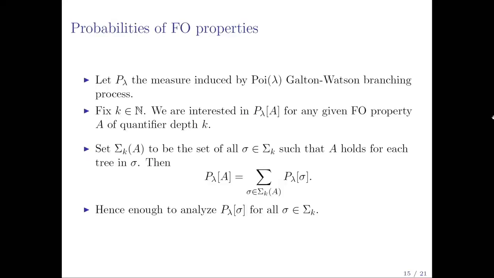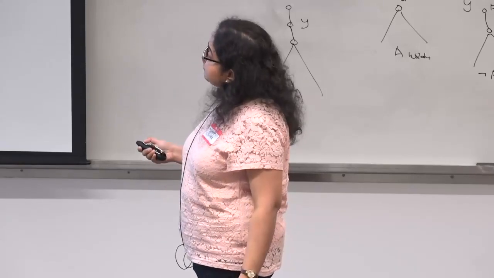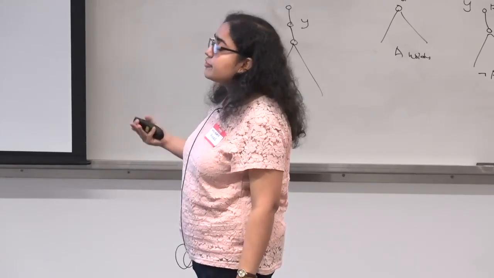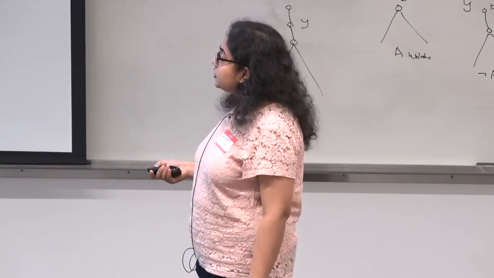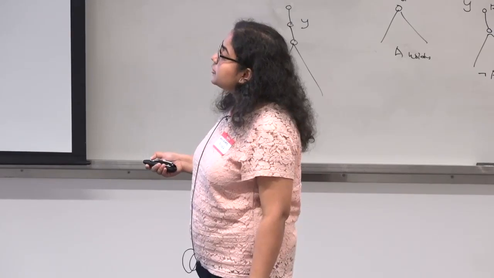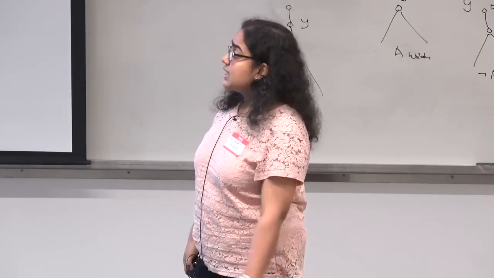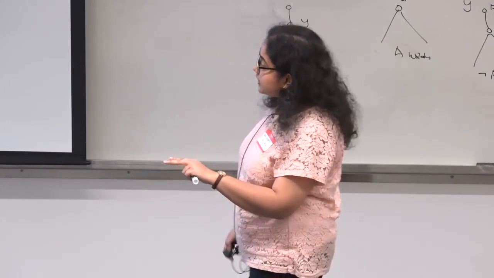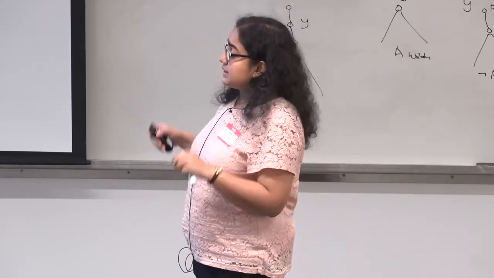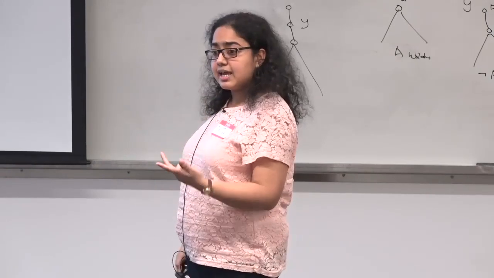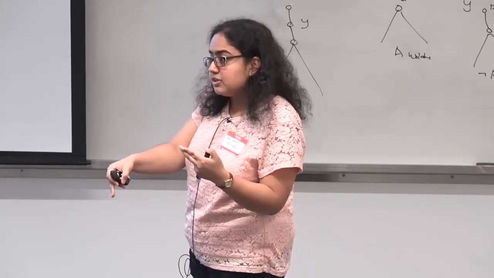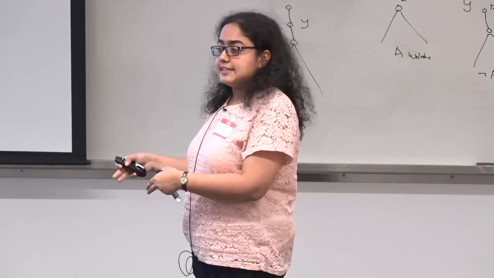So suppose P sub lambda is the Galton-Watson measure under the Poisson lambda offspring distribution. We are interested in finding P sub lambda of A for any given first order property A of quantifier depth k. So what we do is find out which equivalence classes in sigma sub k satisfy property A. In other words, sigma sub k of A is the subset of sigma sub k such that if you were to select any small sigma from sigma sub k and pick any tree from that small sigma, A will be satisfied for the tree.